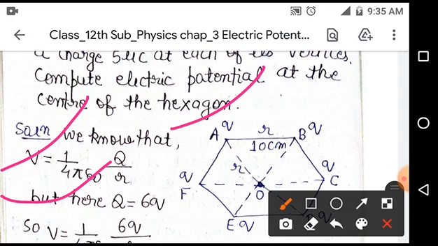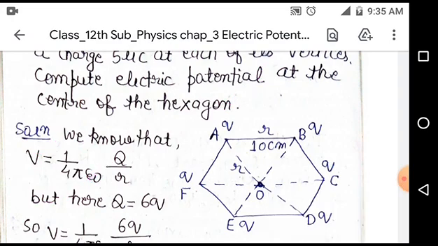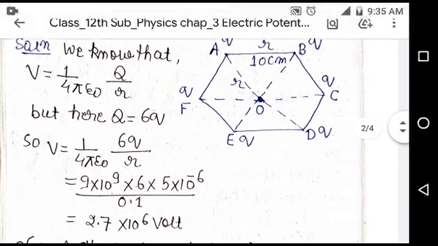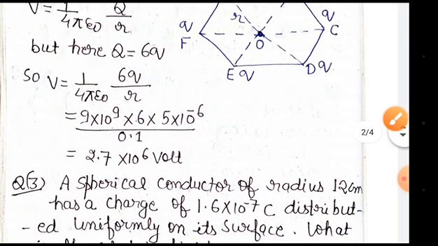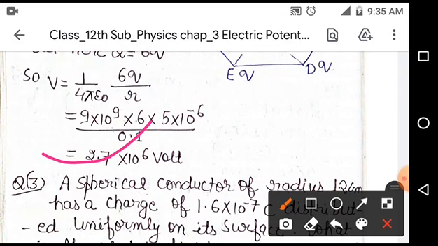So putting capital Q equal to 6q and small r equal to 10 centimeter, we get the potential V is equal to 1 upon 4 pi epsilon naught, 6q upon small r. On putting the values, we get 2.7 into 10 to the power 6 volt. So it is the required value of the electric potential at the center of the regular hexagon.